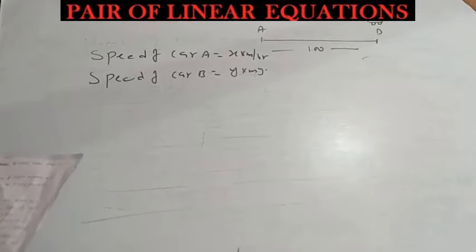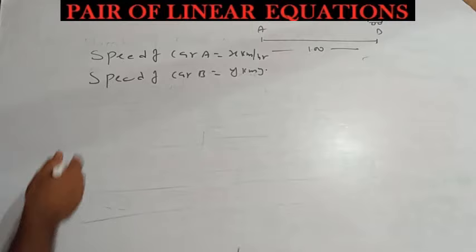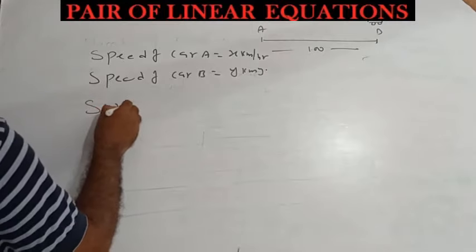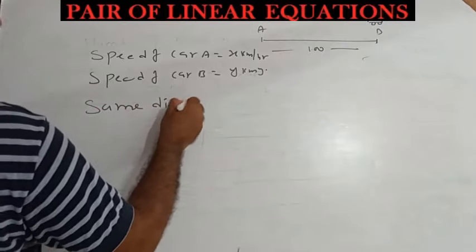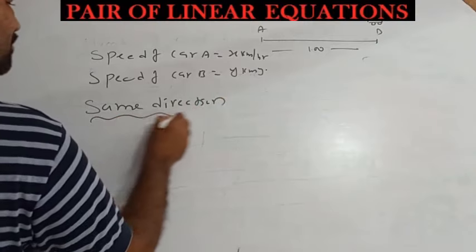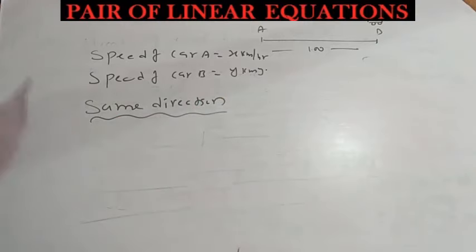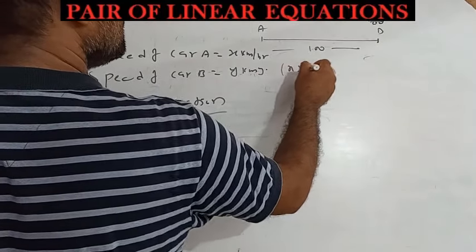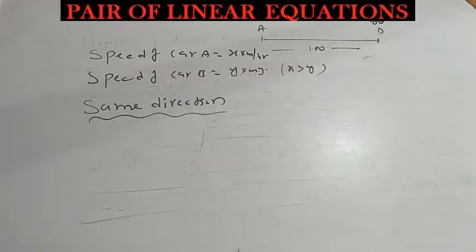If the cars travel in the same direction at different speeds, they meet in 5 hours. Just now I explained, in the same direction the relative speed becomes the difference of their speeds. Assume that x is greater than y.